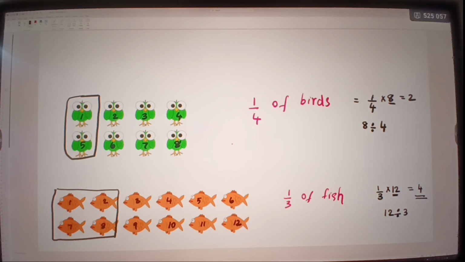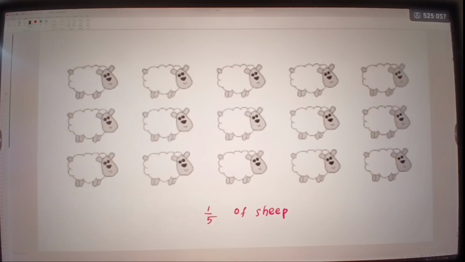So next is 1/5 of sheep. First you count the number of sheep. So total 15 sheep are there.